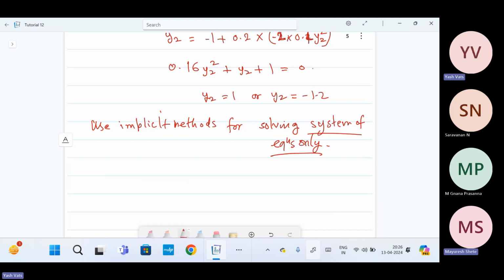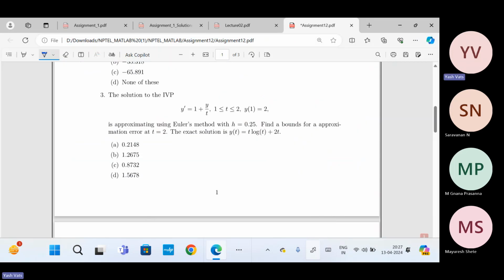As I explained in the starting, if they say by Euler method, then you just go by forward Euler method. If they specifically write backward, then you have to use backward, otherwise forward.